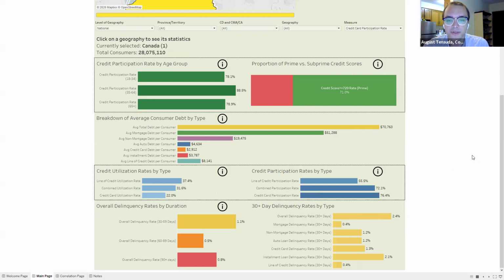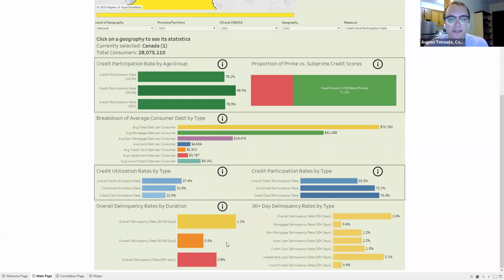If we take a look at the delinquency rates, we can see that it's 1.1% for 30 to 59 days, 0.5% for 60 to 89 days, and 0.8% for 90 plus days. It's kind of interesting. That means this middle ground has the lowest rate, which suggests that people are just paying late, right?